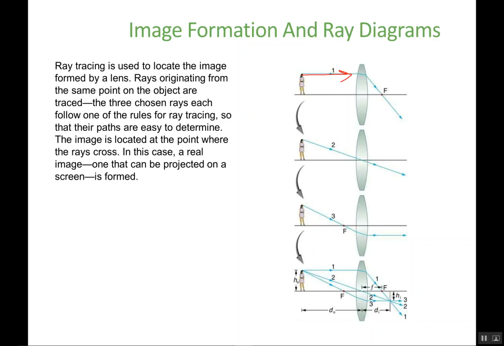So if there's a lens in the vicinity of this object, this young lady in this example, some of the light that emanates from a spot on her head is going to be traveling along a path that's going to take it through this lens. And this picture is showing 3 rays that do just that. Ray 1, Ray 2, and Ray 3 are 3 different rays that originate from the same spot on this lady's head, but those rays are traveling along lines that take them through the lens.